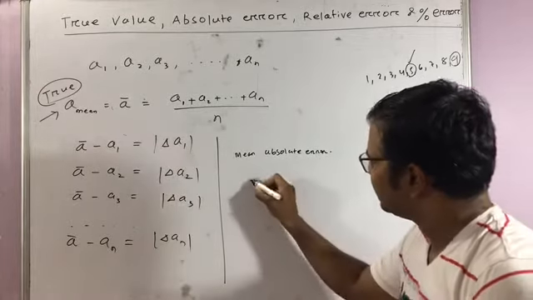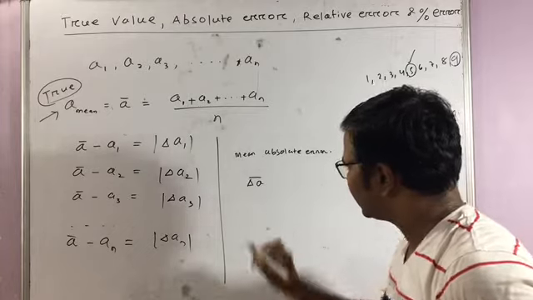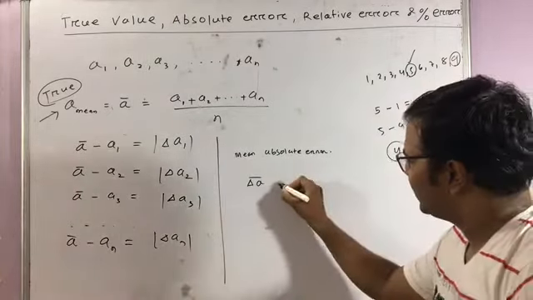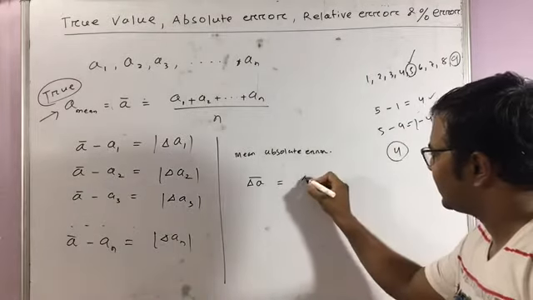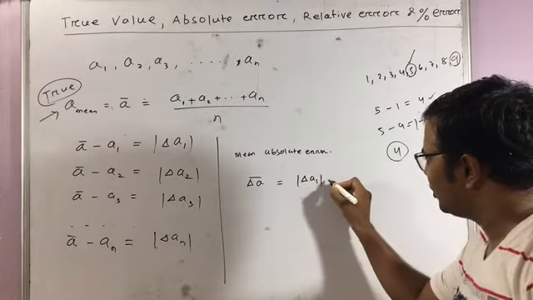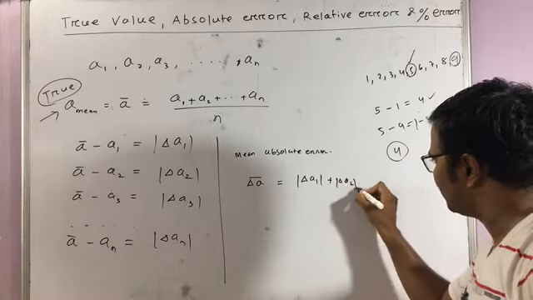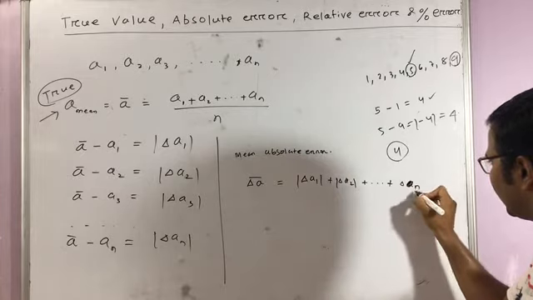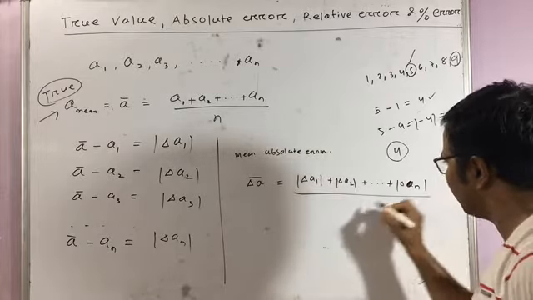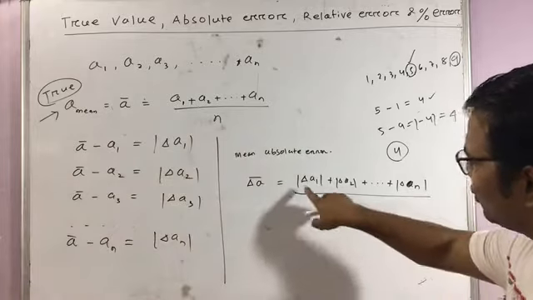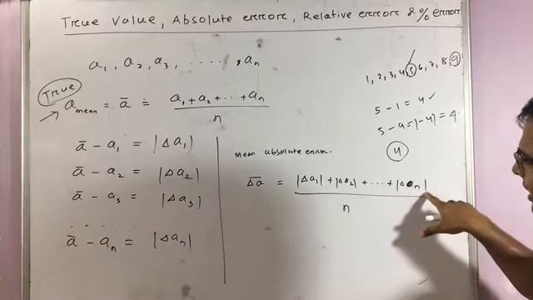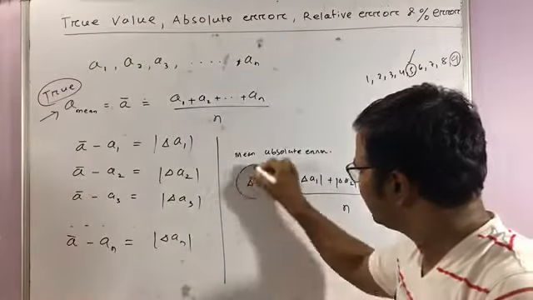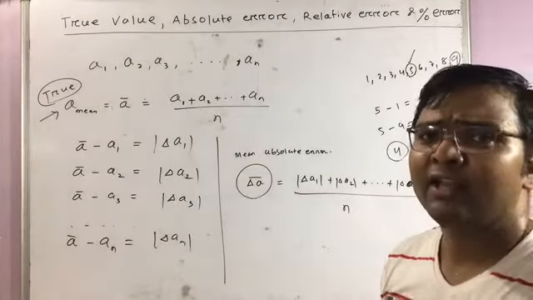Mean absolute error is termed to be your delta A bar, or sometimes it is written simply as delta A. Delta A bar you can find by delta A1 mod plus delta A2 plus up to delta An, divided by n. Means sum of all the absolute errors divided by the number of observations will give you the mean absolute error. Is it clear?